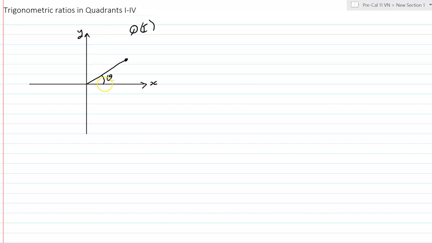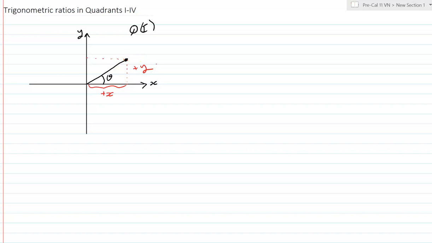That's our theta. Now notice that in quadrant 1 we have positive x value, so that is positive x, and we have positive y, so this is our y value here, positive y.